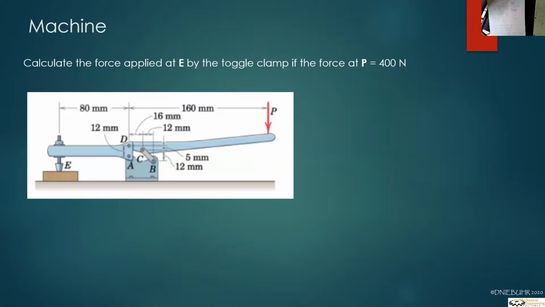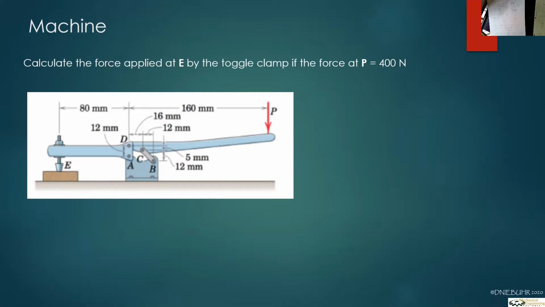But if you think about this, you have this one piece that's connected at D, and then it's connected at C, and then there's a force applied at P. So you have this long handle. Now, does everyone see that CB is a two force member? So hopefully that stuck out at you right away.